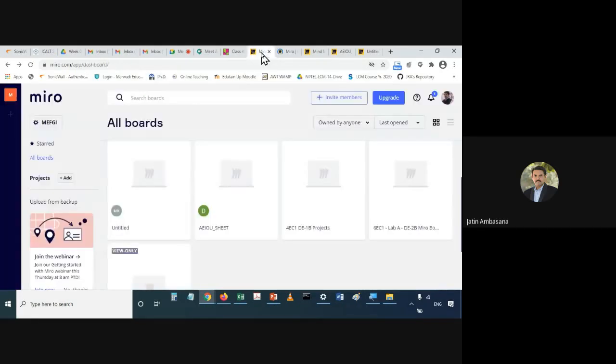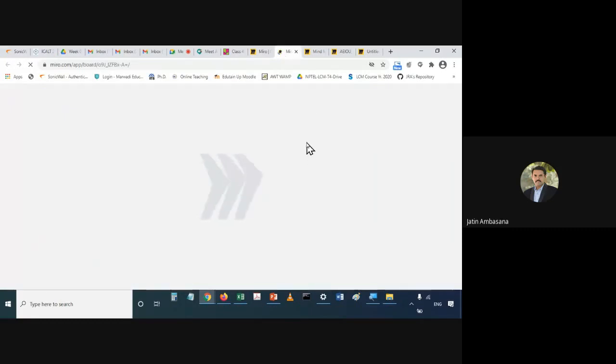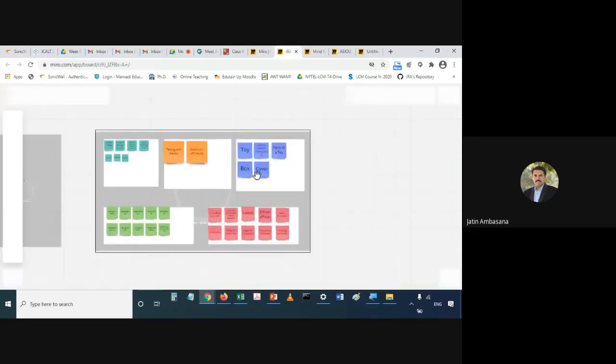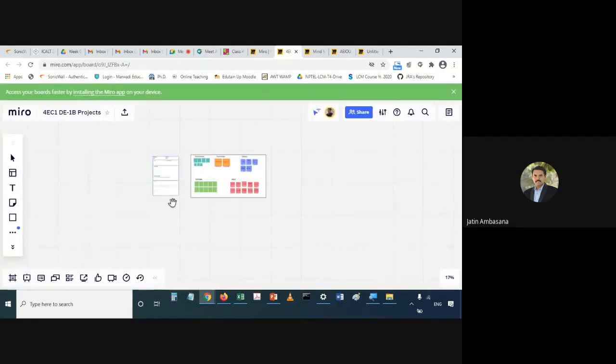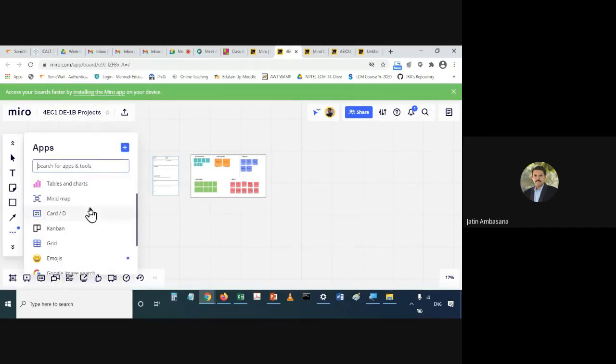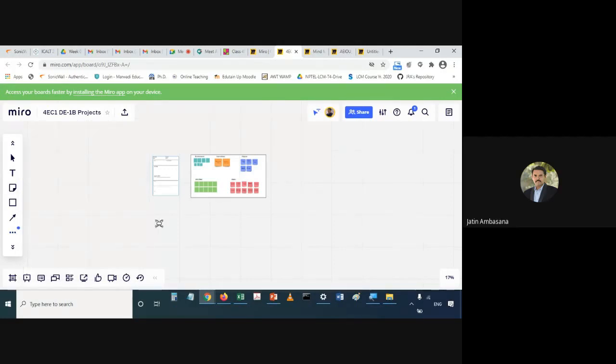It will take some time to open up. Okay, so see here we can use a mind map of our design engineering subject itself, right? So I'll go over here and simply click on mind map. So see here I've got a mind map.